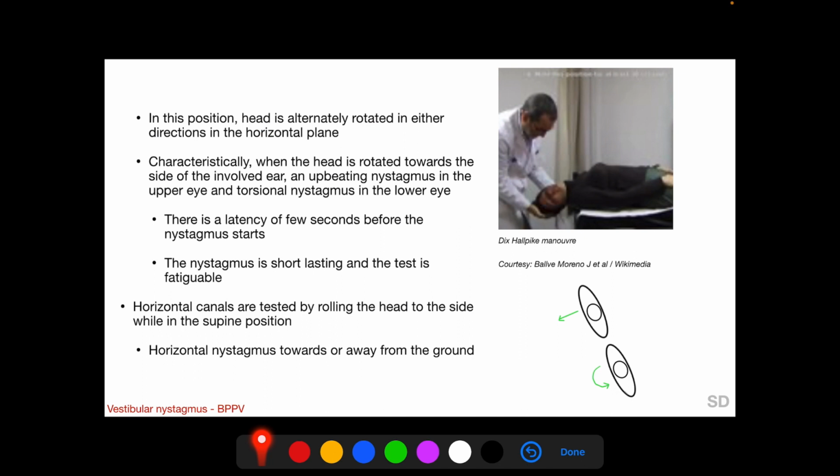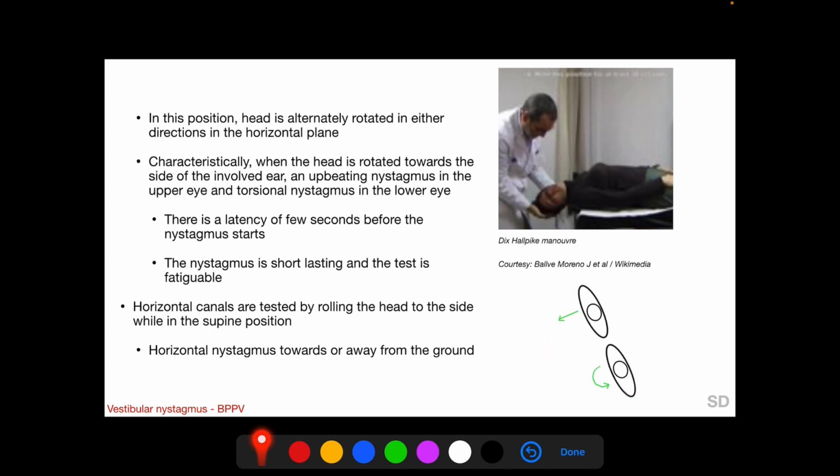Characteristically, when the head is rotated towards the side of the involved ear, an upbeating nystagmus in the upper eye and a torsional nystagmus in the lower eye occur, and this nystagmus has a latency of few seconds before it starts. Also, the nystagmus is short lasting, and the test is fatigable in the sense that if we repeat the test soon after performing it once, we may not be able to get this sign.